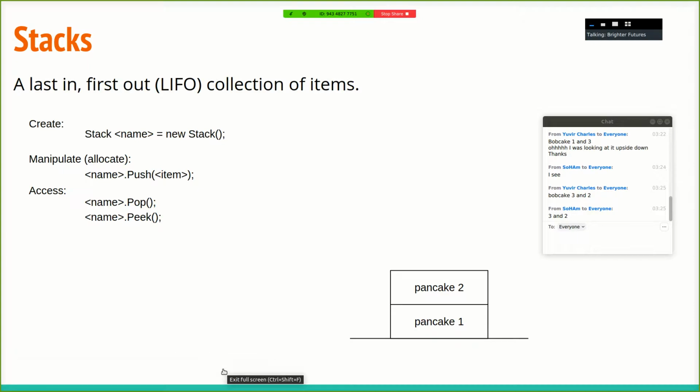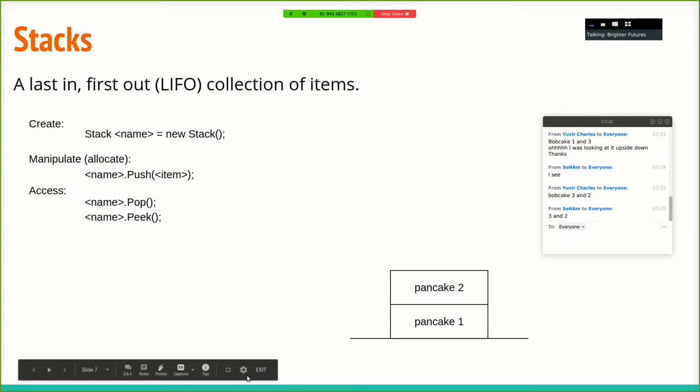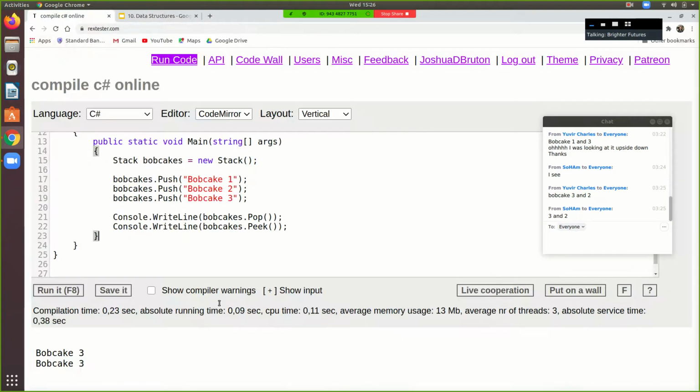Now remember, on this line when I run peek, the stack will not change. So it will still have bobcake1 and bobcake2 after this line. If I ran peek again, it would give me bobcake2 still. I'm only running pop once, is what you must remember. So we'll get bobcake3, bobcake2.